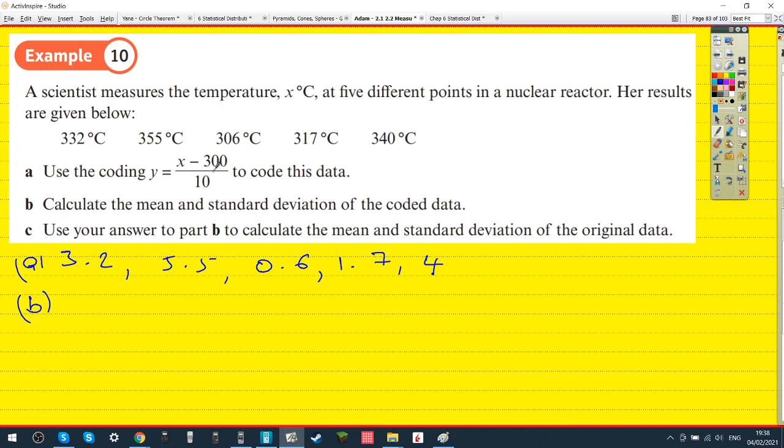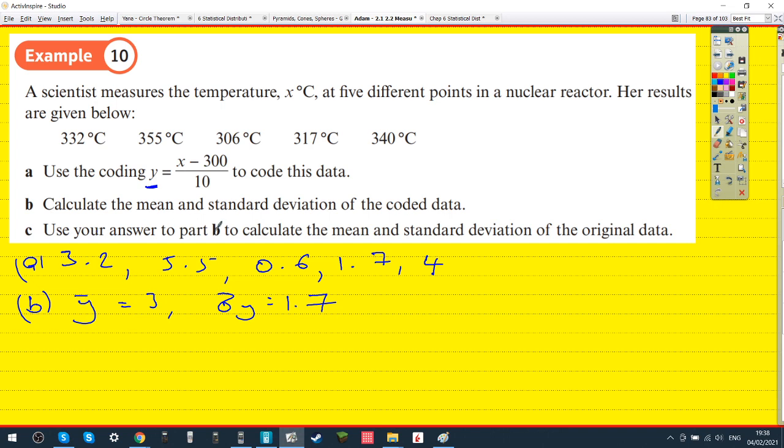Yeah, that's right. I got mean is 3. And the standard deviation is 1.7 to 1 decimal place. I'm calling it Y bar because it's the mean of the coded data, and these are X up here.